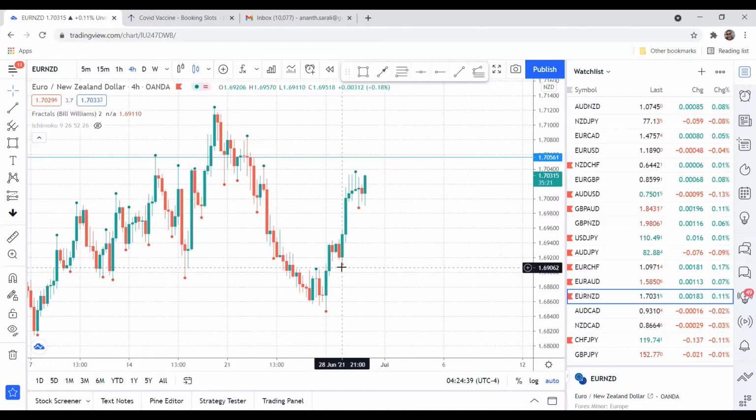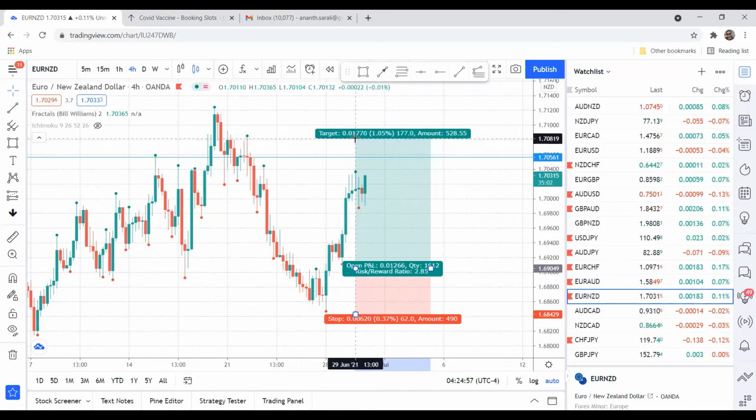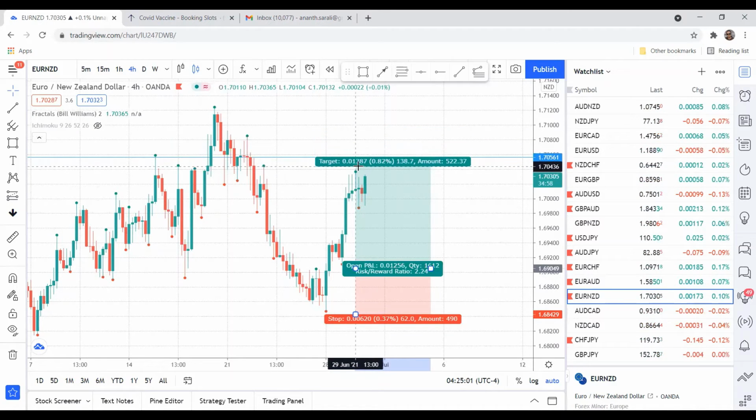Once you enter here, I'll just mark it. So you're entering here. Okay, stop loss is here, the initial stop loss. This part is not done yet. You'll keep a profit target somewhere here, right? Or here first.